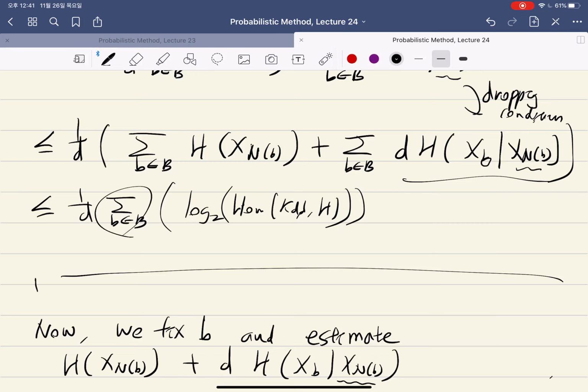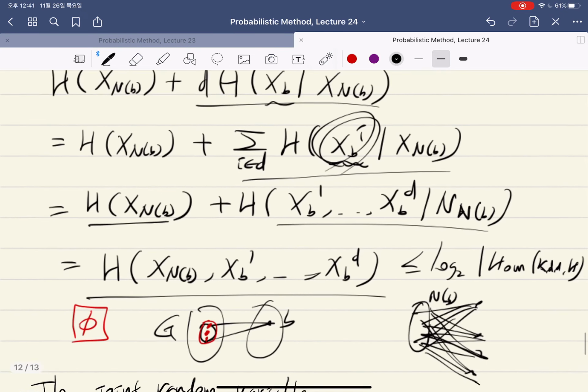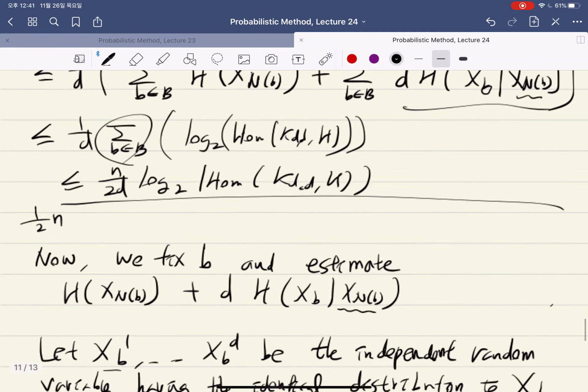B has half n vertices. So this is n over 2D times log of the number of homomorphisms from K_{D,D} to H, and that's the upper bound of this.